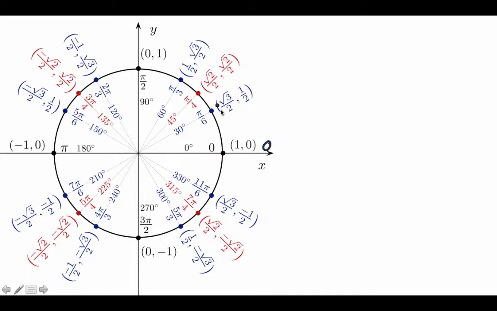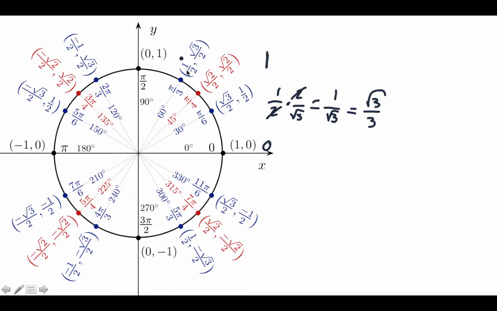Take the y-coordinate divided by the x-coordinate, so that's 1/2 times 2 over root 3, right? Because dividing is multiplying by the reciprocal. And we end up getting 1 over root 3, and we'll rationalize that to be root 3 over 3. Good. And then sine over the cosine, that's an easy one, that's 1.